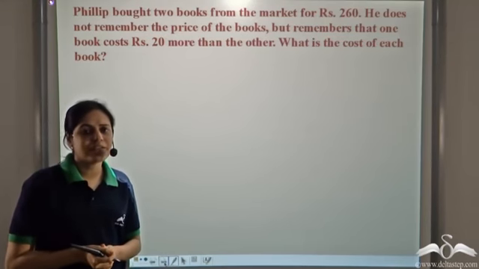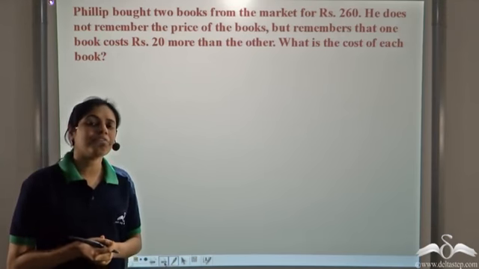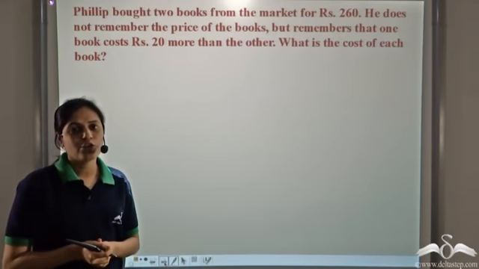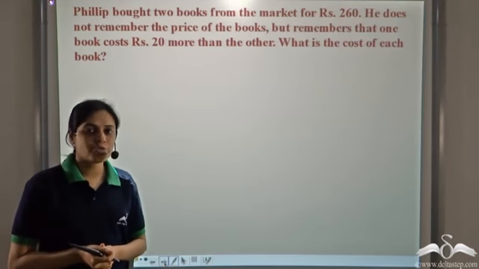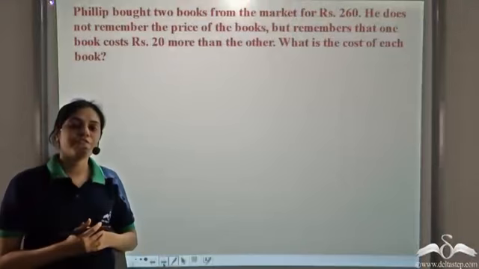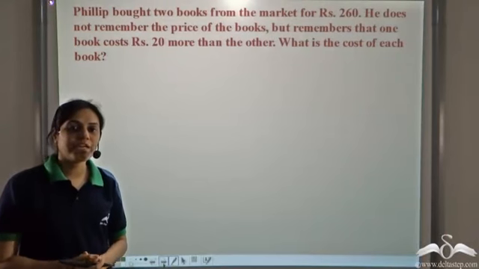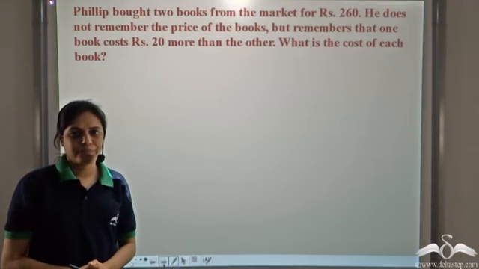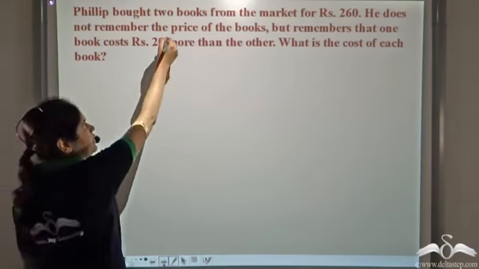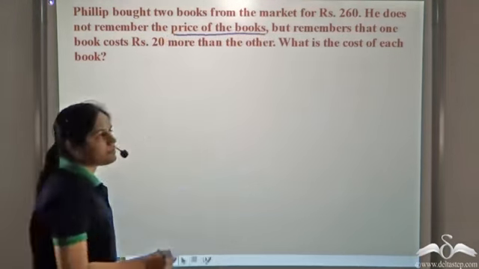So if Philip has learned algebra well, he can very easily use algebra to solve for the price of the 2 books. How can he do it? Let's see. The first thing is to determine what is the unknown, or what we require to find. Philip wants to find the price of the books.